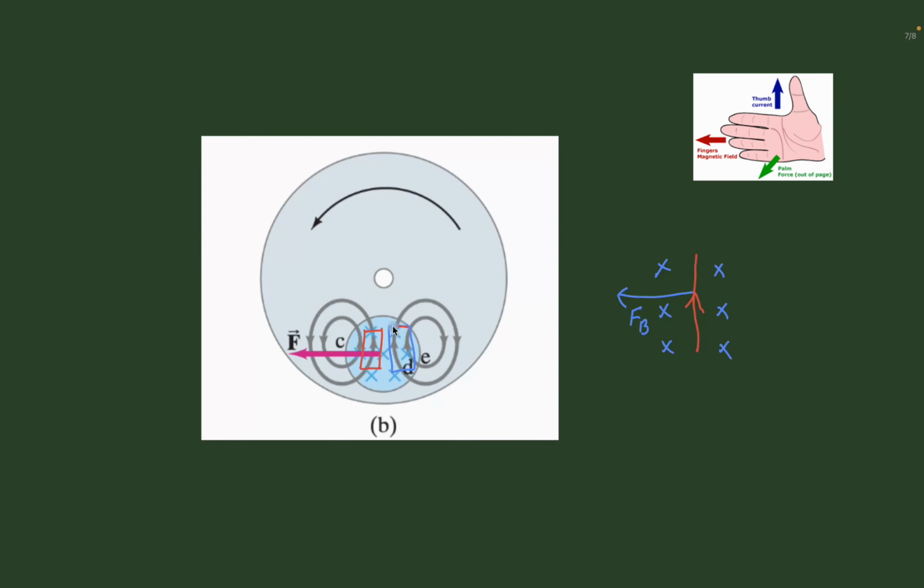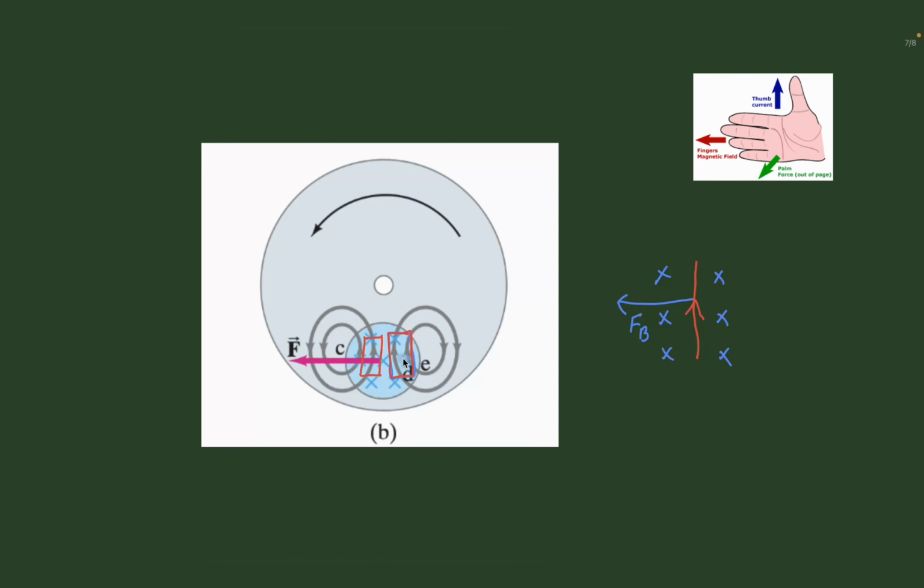And this section of the plate, or the disk, will also experience force towards the left side. So anywhere you see within the magnetic field area, all that sheet is going to experience a force towards left, right? Which will oppose the motion.